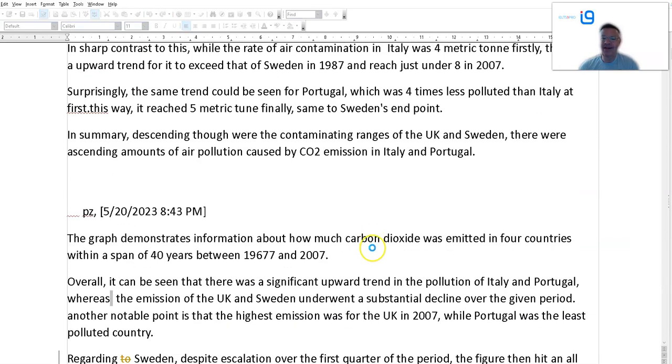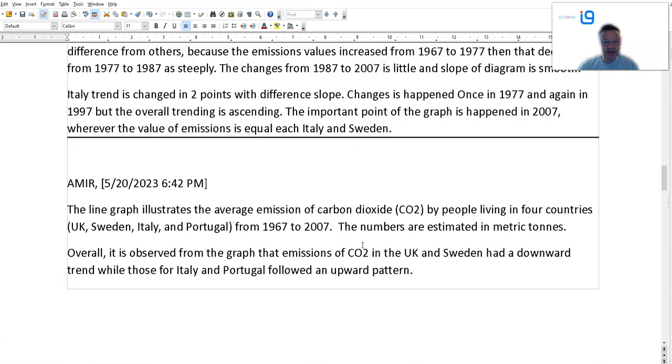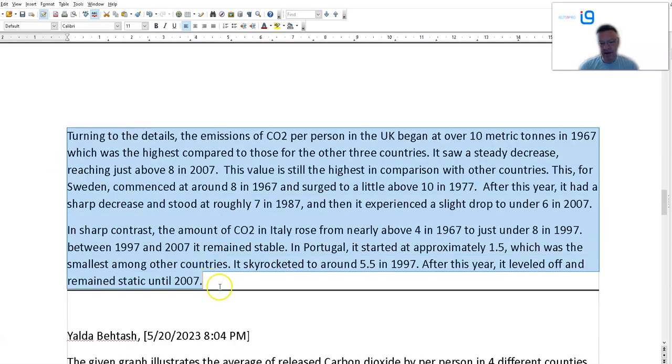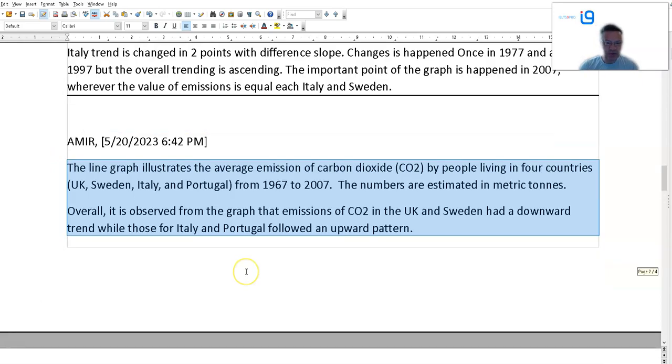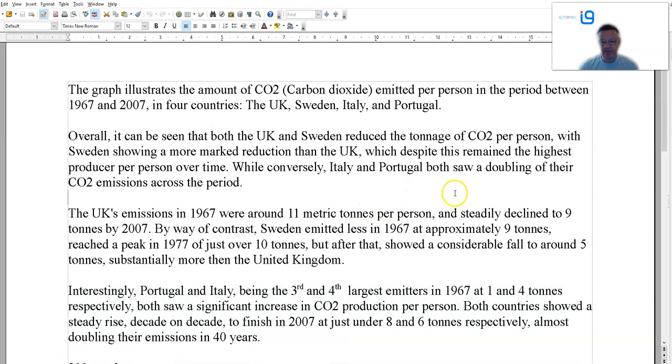So, not as bad as the ones at the beginning, but the best, I believe, is this one by Amir. Excellent job, excellent job. So, I'll just put mine on for you to see just at the end. Okay, so, sentence 1, nice and clear.